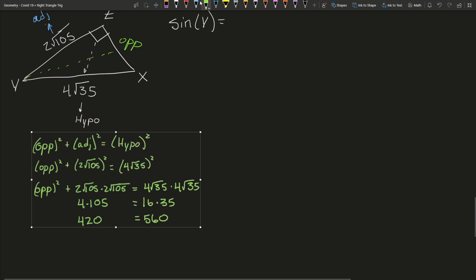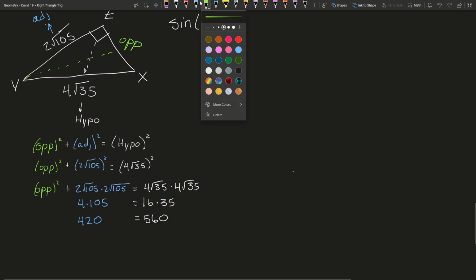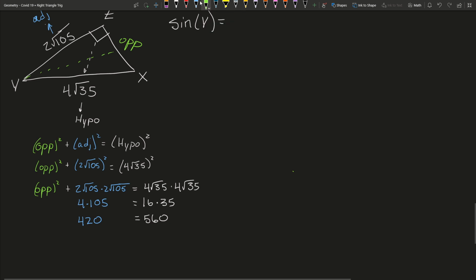And then we need to solve for the opposite side. So 560 minus 420, that's 140.